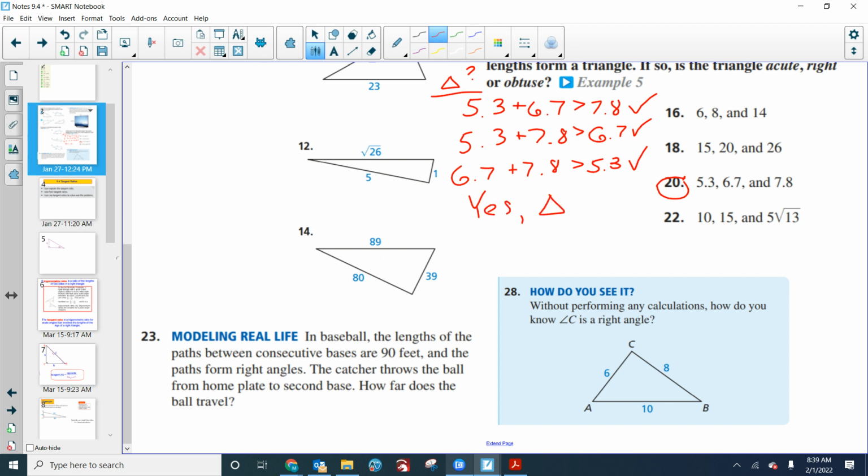Okay? And again, we talked yesterday. Do I really have to show all of that work? Yes, please do that. I know if you check the two shortest and they work, it will make a triangle. But we start to get into some bad habits, and this happened on the last quiz, where we start to shortcut.